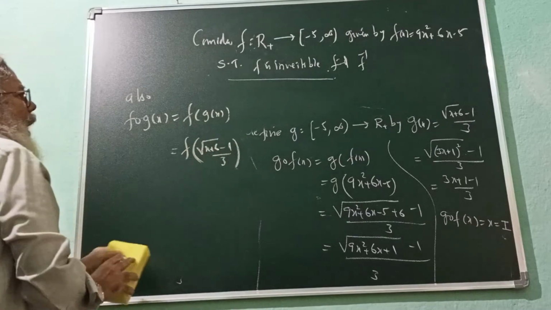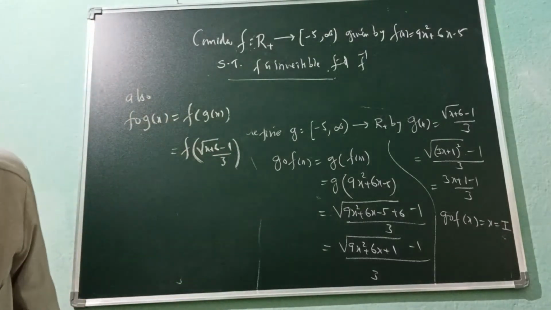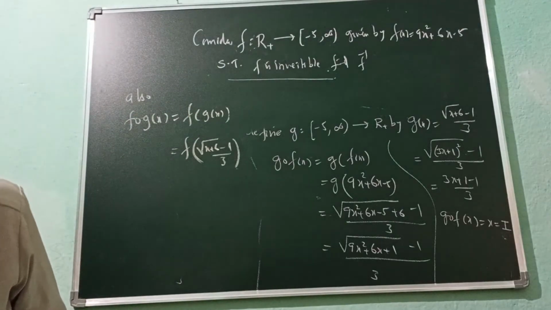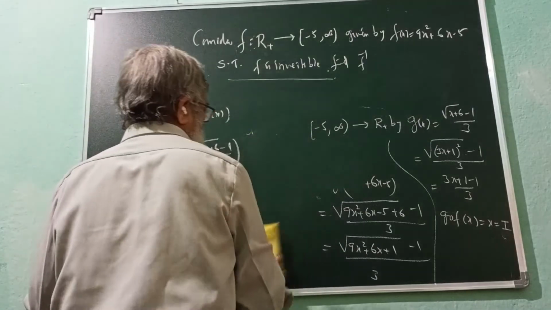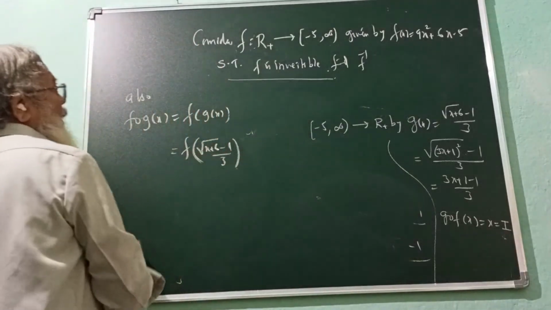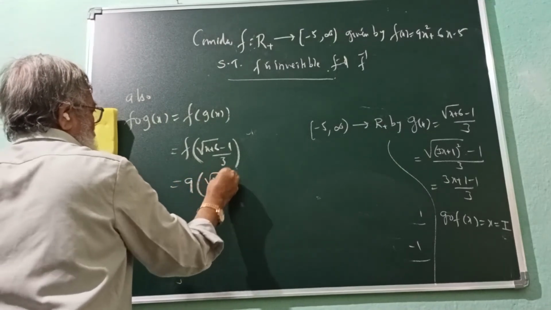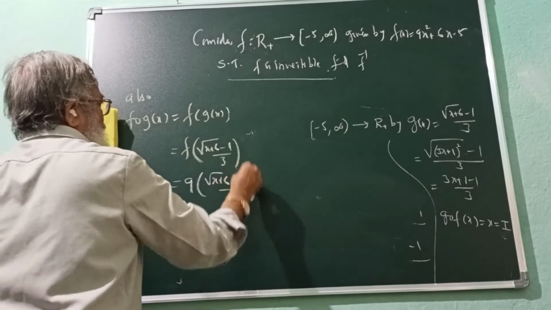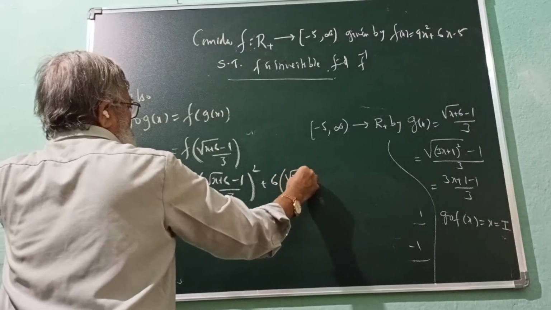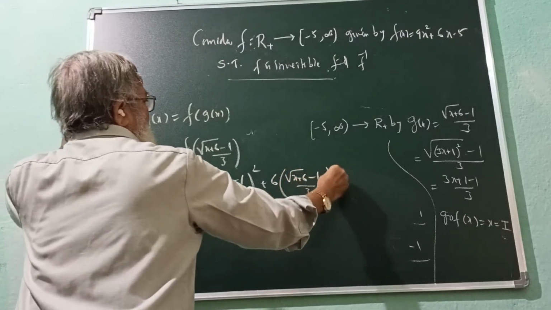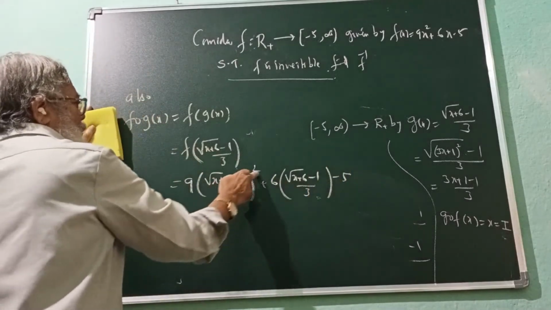We have to apply f for that. f is 9x square plus 6x minus 5, where our x is root of x plus 6 minus 1 by 3, squared.